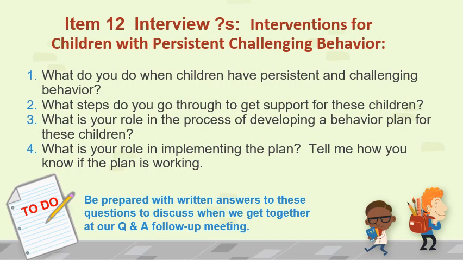Item 12 interview questions are related to interventions for children with persistent, challenging behavior. 1. What do you do when children have persistent and challenging behavior? 2. What steps do you go through to get support for these children?